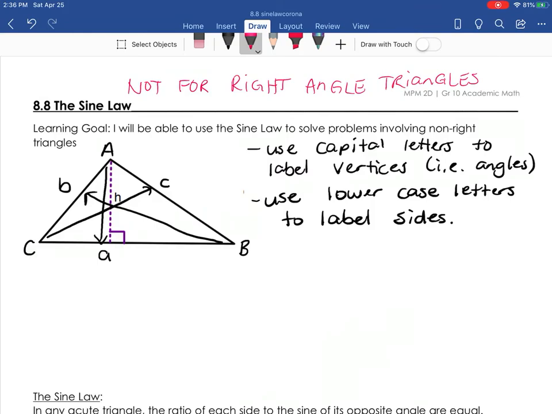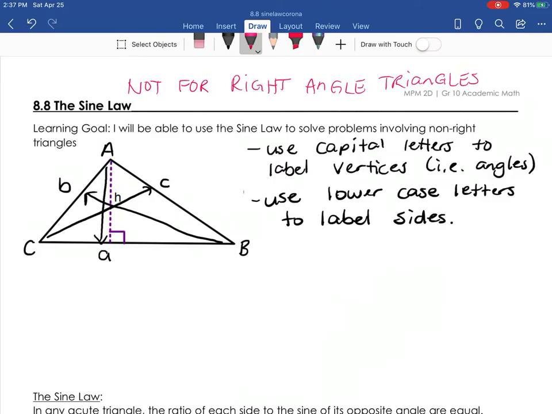All right, so this triangle here has a height drawn into it in purple, and you can use that to prove the sine law. In 8.5, when we did problems with two triangles, you would have looked at this as two little triangles.